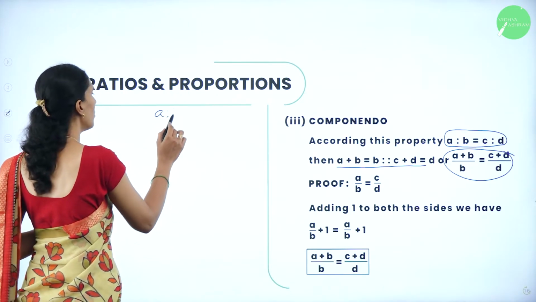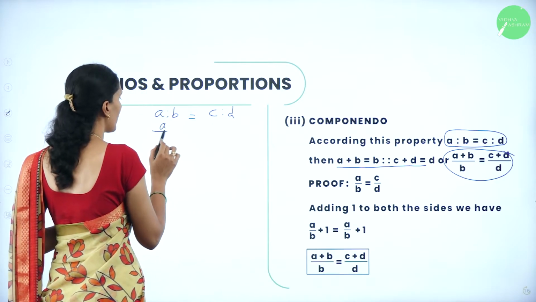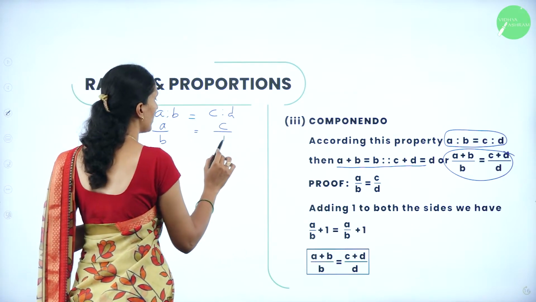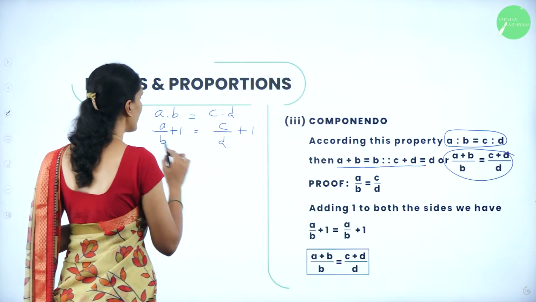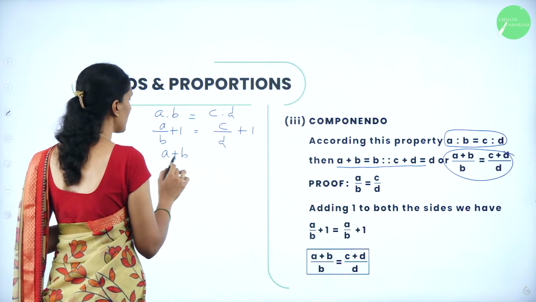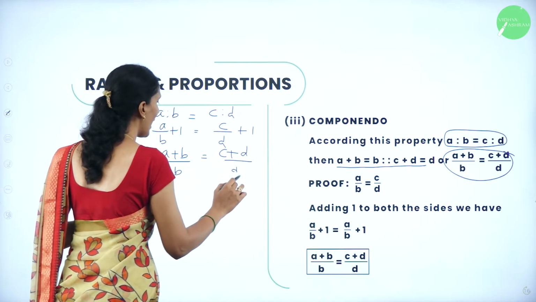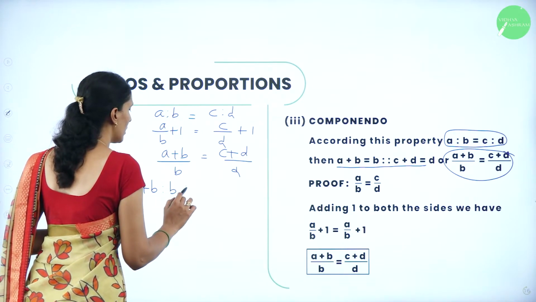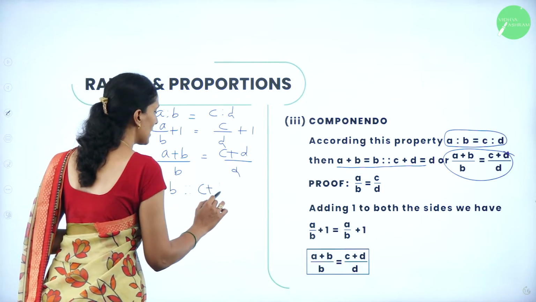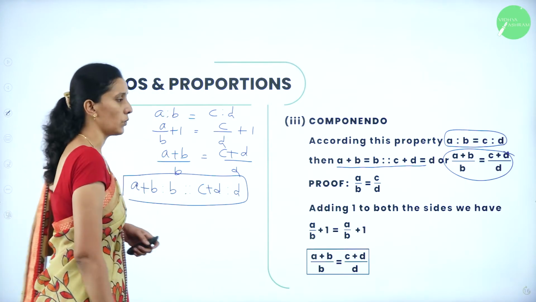We have a ratio A is to B is equal to C is to D, that is A by B equals C by D. Add 1 to both sides. What happens when you take the fraction? It is A plus B by B, which is equal to C plus D by D. If you write this in proportional form, A plus B is to B proportional to C plus D is to D. So this is componendo.